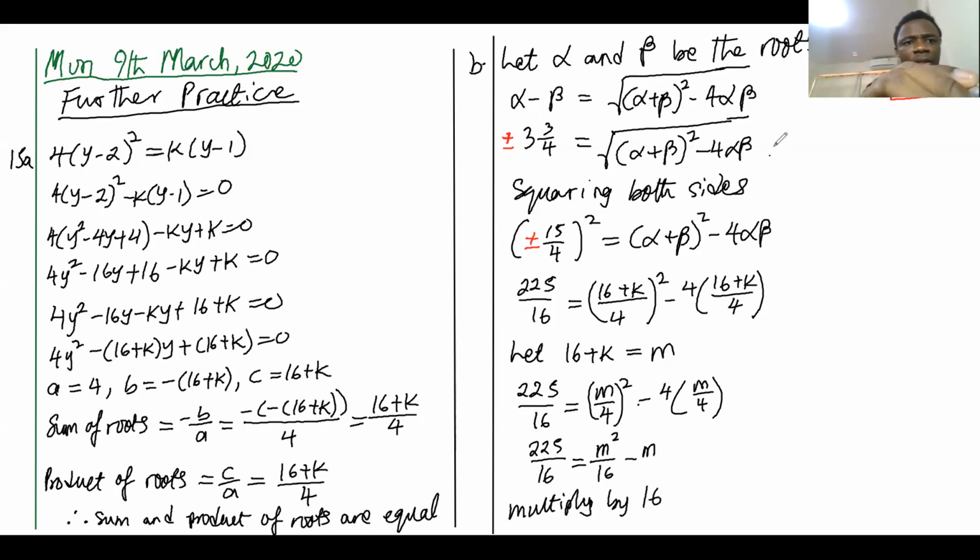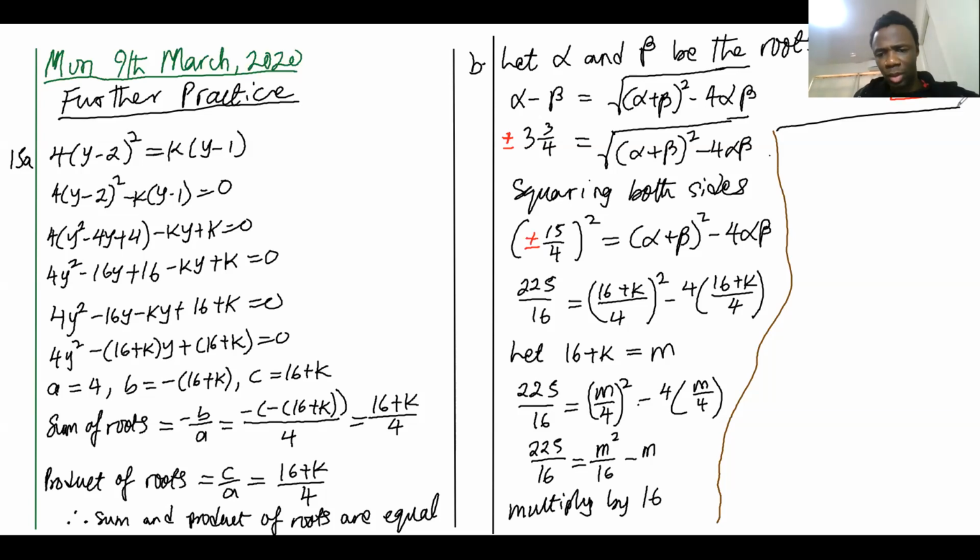So if we multiply by 16, we are going to get 225 equals m squared minus 16m. So if you rearrange by taking this to the other side, the equation is m squared minus 16m minus 225 is equal to 0.